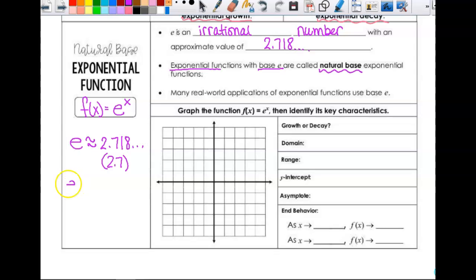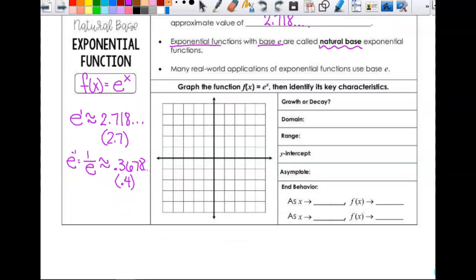We're also going to need e to the first power, or e. e to the negative 1 power is 1 over e, and that's about 0.3678 blah, blah, blah, which we will just estimate as about 0.4. Because you can't get that accurate on these graphs anyway, right? But you have to have something to estimate it as.